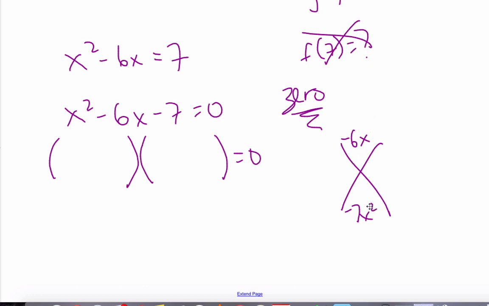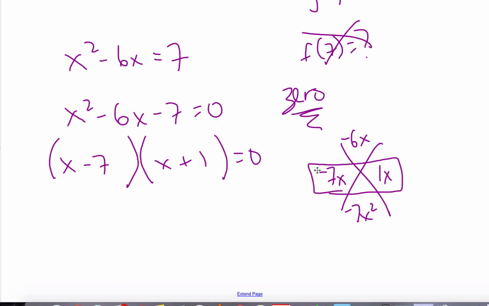You're on the spot now, Ms. Weaver. What's that going to be? Negative 7 and positive 1. Okay. And then we went to the box. But when we did the box, I always knew it was these two values, the negative 7 and the 1, that ended up being here. So it's x minus 7 and x plus 1.